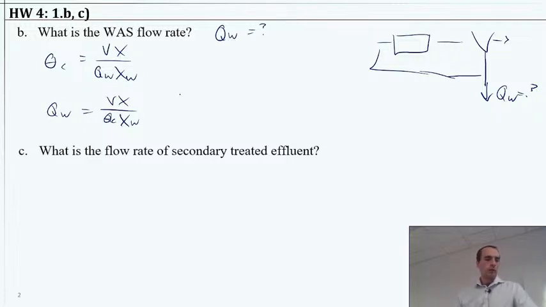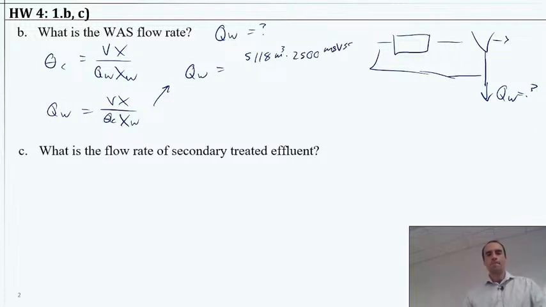So we can fill this in and say QW is equal to that 5118 cubic meters, multiplied by the 2,500 milligrams VSS per liter, divided by our theta C, which was 9 days. We'll leave it in days for the moment, and then our answer is going to be in days. Maybe we'll convert it back to seconds.